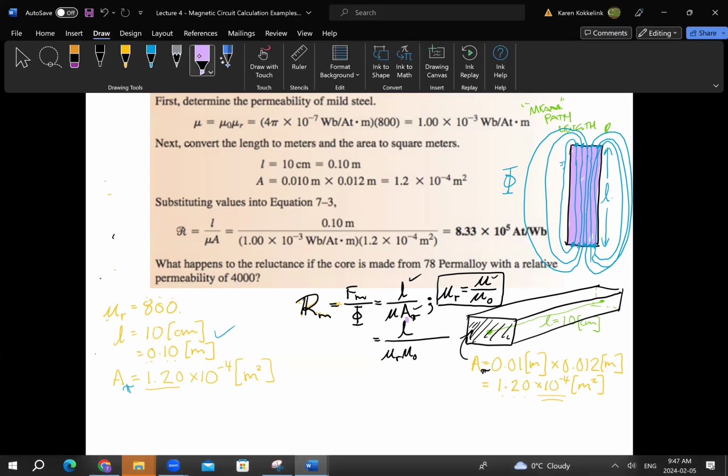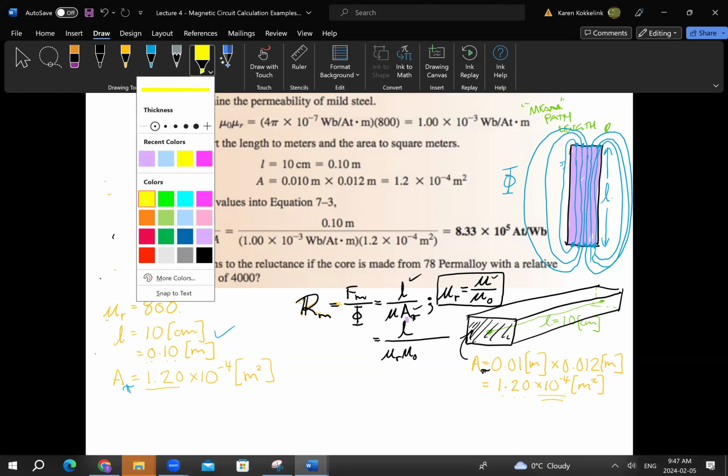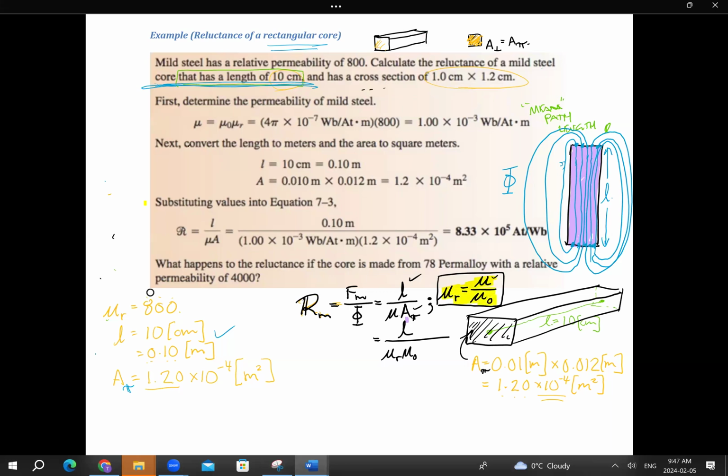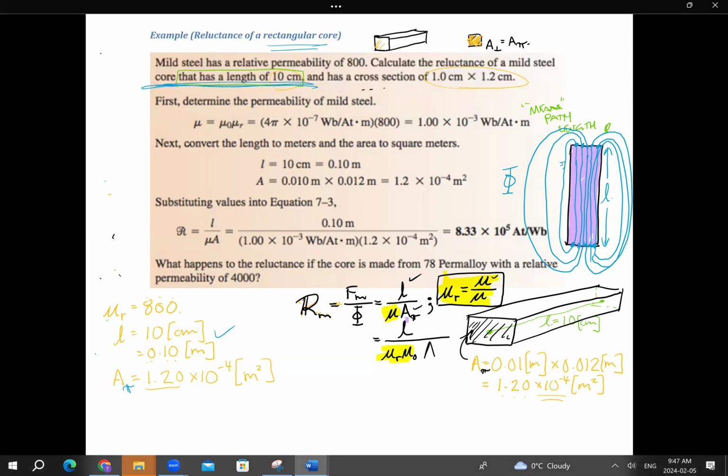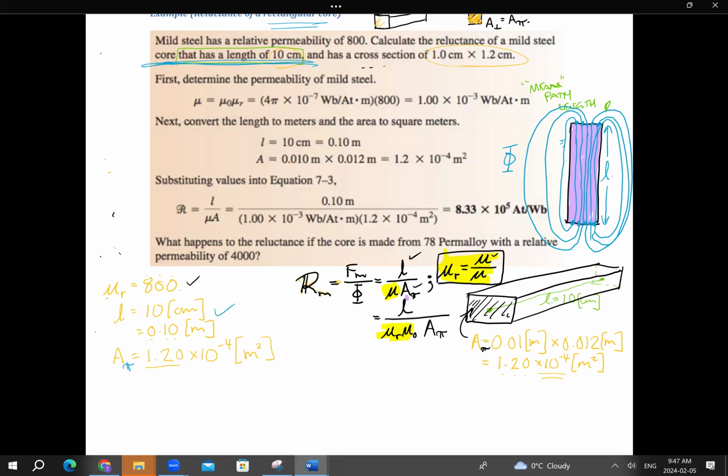Let me just highlight where that came from so that we can see clearly that this is the equation we've rearranged, which we have substituted here, what's in yellow, times that cross-sectional area, which we have already worked out. All right. Now we know the relative permeability is 800. Permeability of free space is a number. We know the permeability of free space.